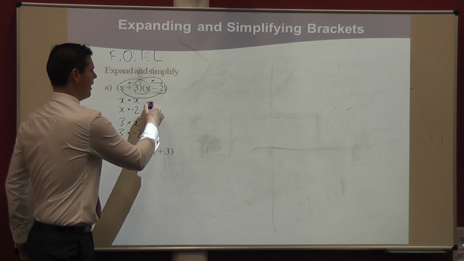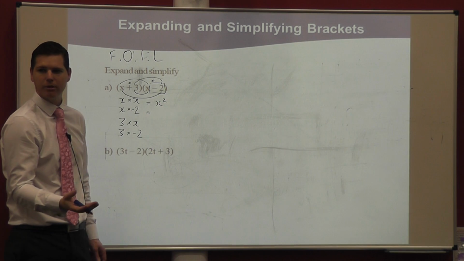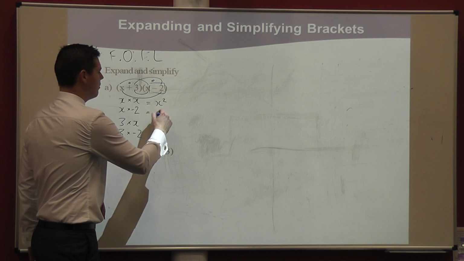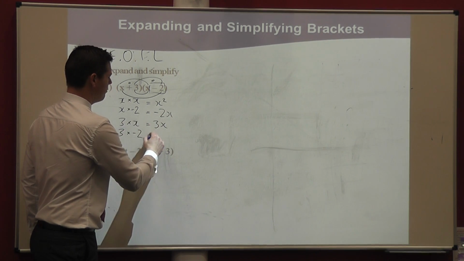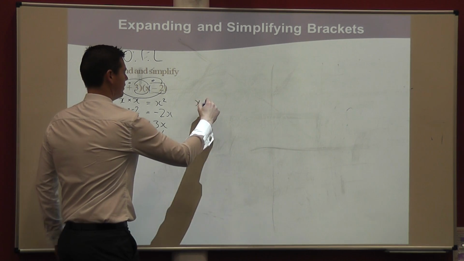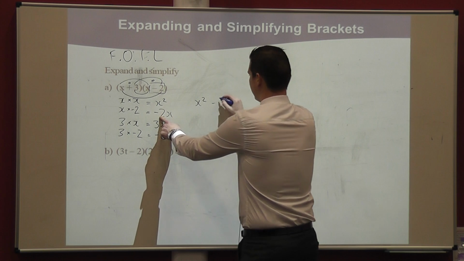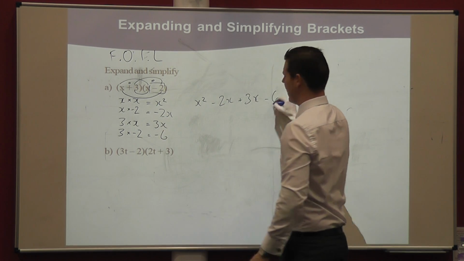x times x is x squared. x times minus 2, well x times 2 would be 2x, so x times minus 2 is minus 2x. 3 times x is 3x. 3 times minus 2 is minus 6. So we have x squared, negative 2x, positive 3x, negative 6.